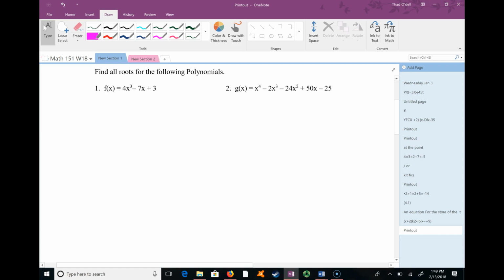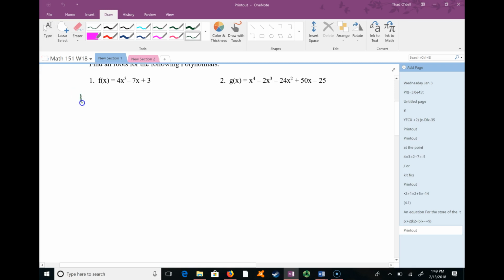So I'd grab my calculator, hit the y equals button, and type in 4x to the third minus 7x plus 3. When I graph it, I can see the graph crossing at 1, somewhere between 0 and 1, and somewhere between -1 and -2. So 1 is an easy one to work with, so I'm going to throw a 1 in the box.